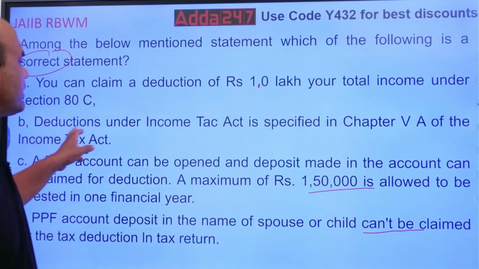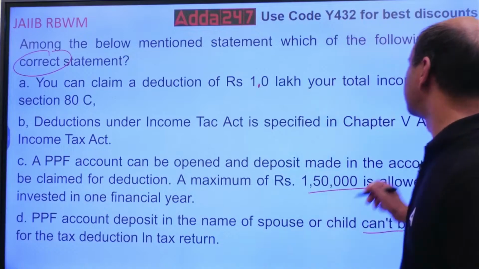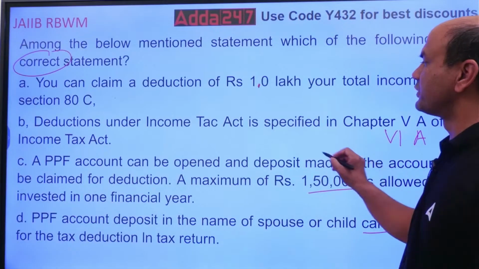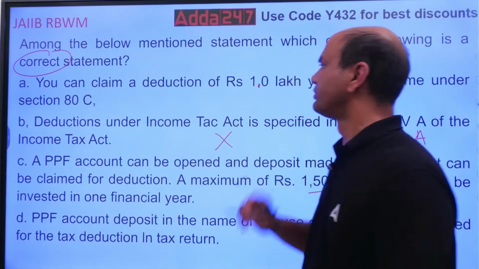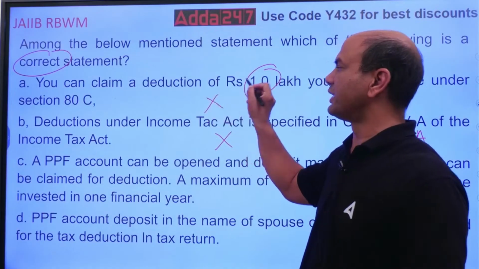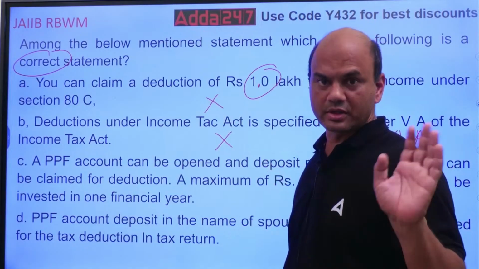Also, many of you might have got confused over here, 5A. See this, the answer for this is actually 6A. So that's why this is wrong. 1 lakh can be claimed. That's why this is wrong. 1.5 lakhs, that also under the old tax system. New tax system, you are not allowed.